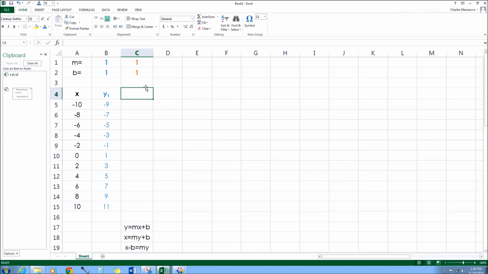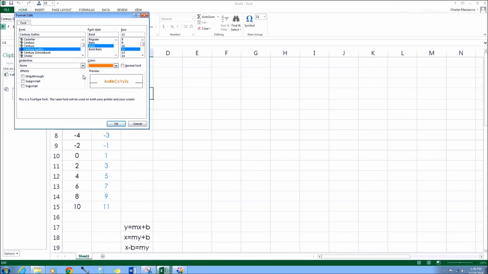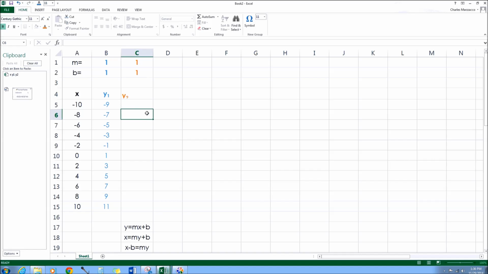This is the inverse, y2. Just y2. Okay. And we'll make this the same coloring and bold, and then we put this in Format Cells and subscript. Okay, so now we should have y2.